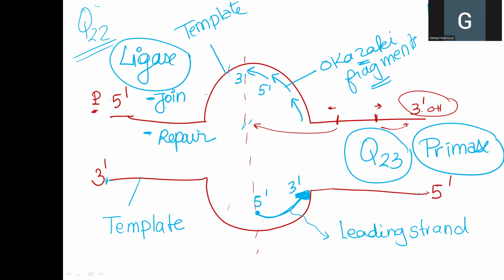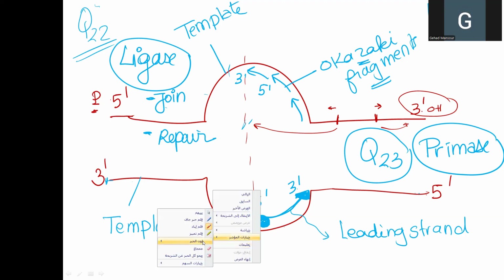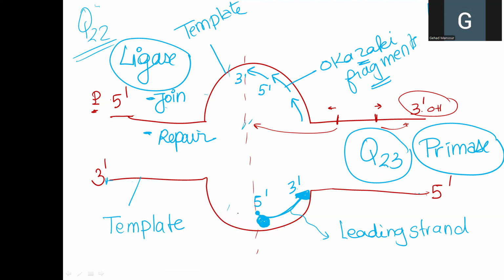DNA polymerase, the enzyme that is responsible for walking on the template strand and gathering the complementary bases to form a leading strand, cannot start from scratch. There should be a sequence of DNA that is pre-made and ready here. And the enzyme starts building by adding the first nucleotide to this pre-made sequence, which is called the DNA primer.